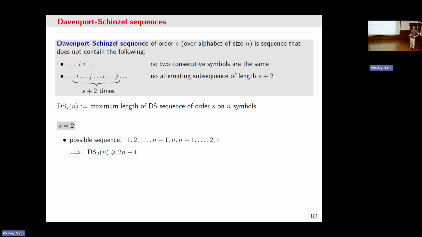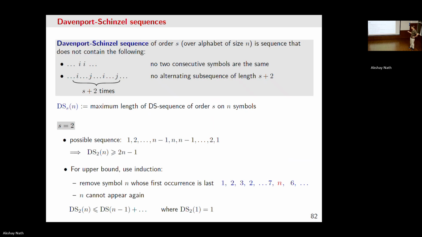Okay, let's try to prove that this is actually tight. Here I have my set of symbols, and I'm simply going to renumber them so that the first symbol is a 1, then the next symbol is a 2, and whenever I get a new symbol, I use the next number.